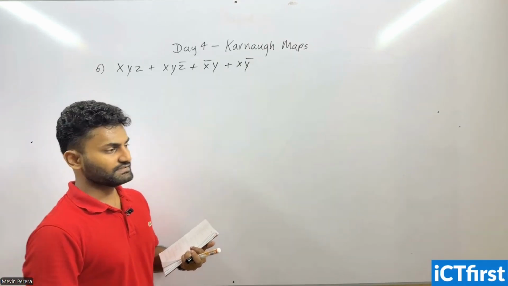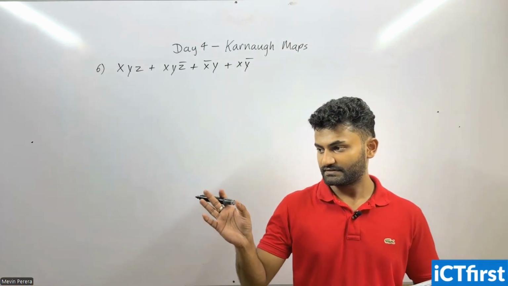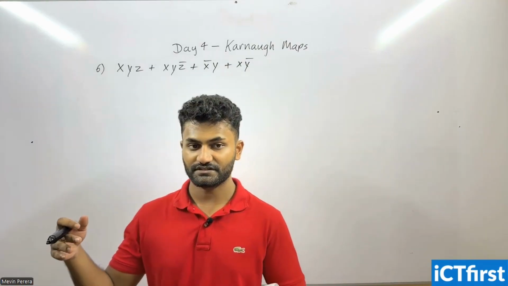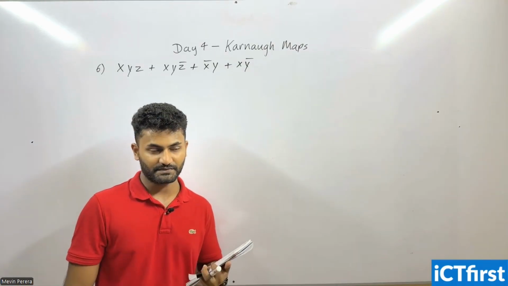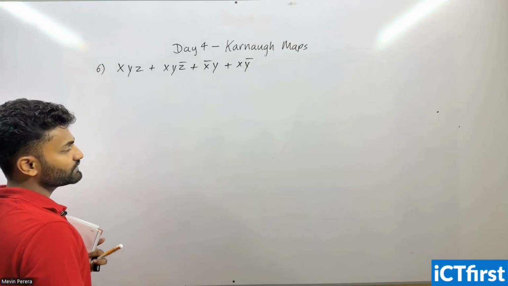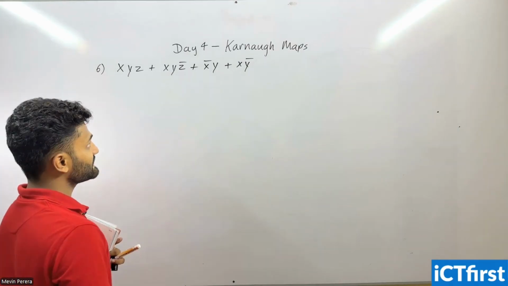In the next session, I'll do it here as well, but I'll give a much more proper explanation on the standardization of the expression. In order to draw a Karnaugh map, the expression should be in the standard form.